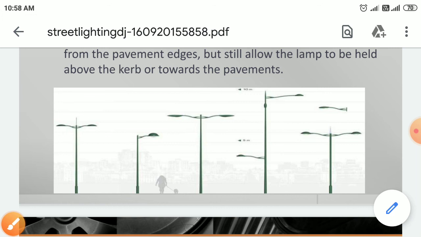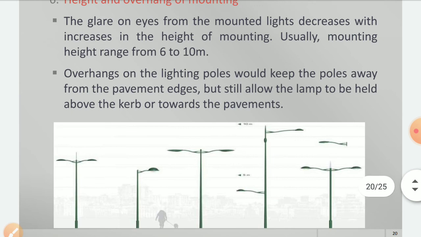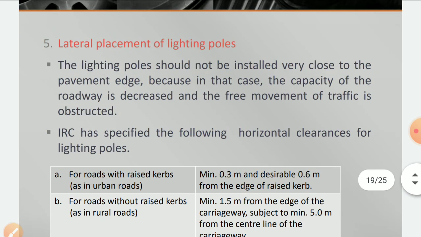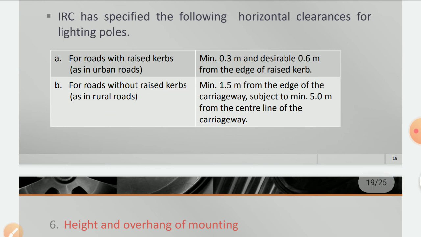These two principles are used while designing the street lighting scheme. The angle of incidence should be equal to the angle of reflection, so that the observer can easily see the objects from a long distance.